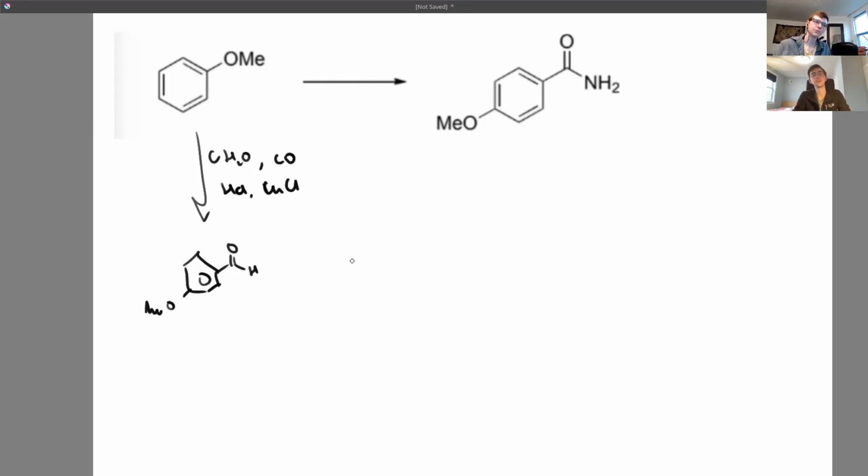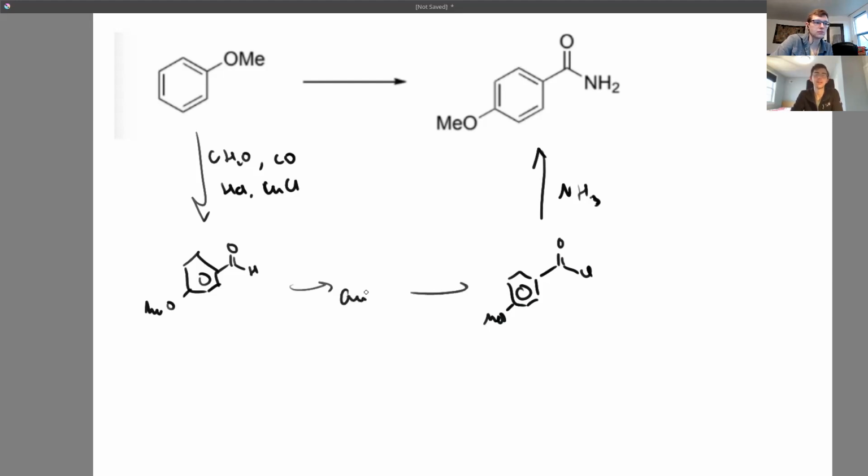I mean, if we want to use NH3, we first need to have the acid chloride, right? Yeah. So yeah, at the end of the day, we could. I feel like maybe instead of putting the aldehyde on there, couldn't we just make it a carboxylic acid and then go from the acid to the acid chloride?